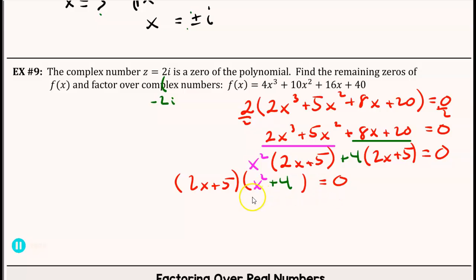All right. So now we can use the zero product property like we did last time. So we'll have 2x plus 5 is 0. Subtract 5, divide by 2. x equals negative 5 over 2. By the way, that's totally acceptable as far as showing work. You might be used to showing the minus 5, solve, divide by 2, solve.